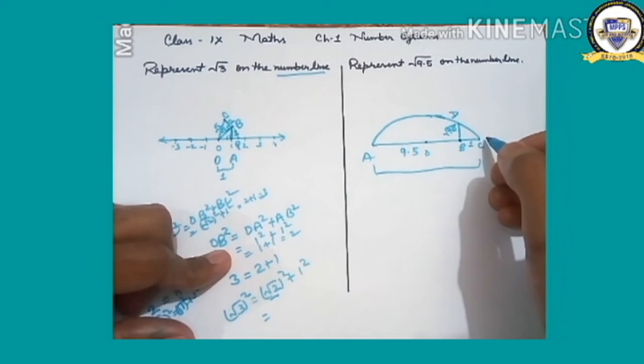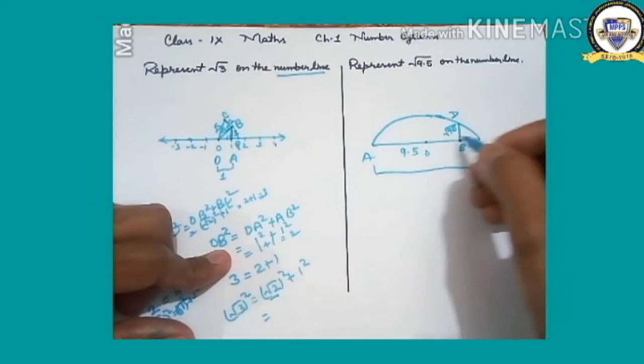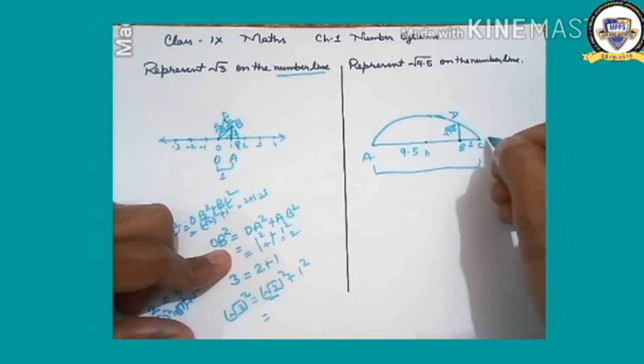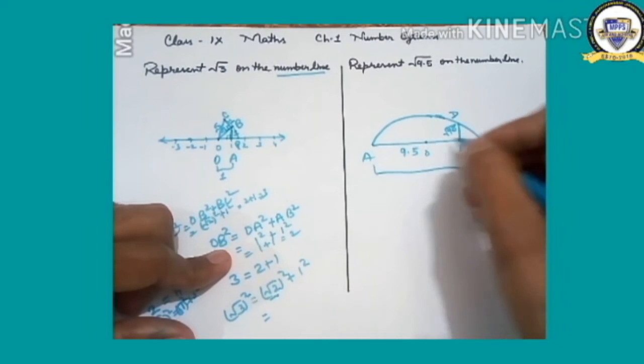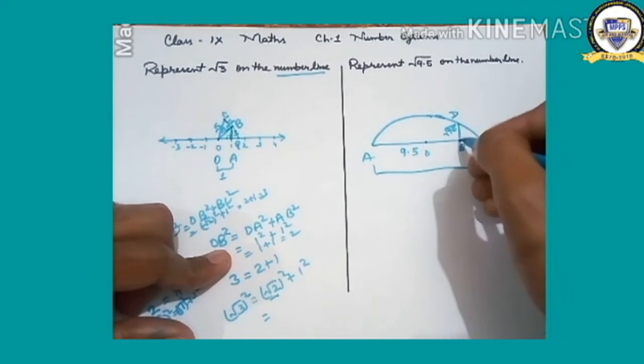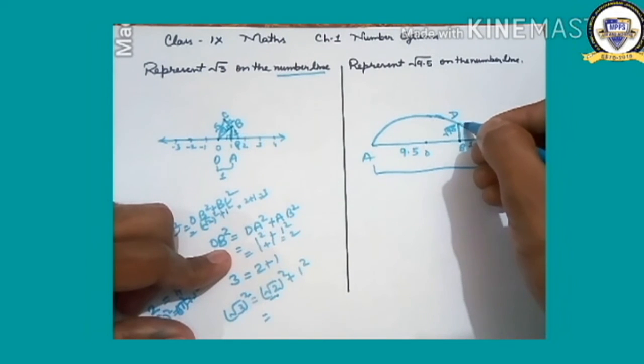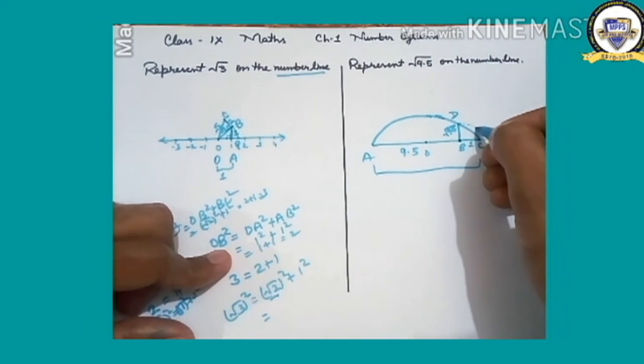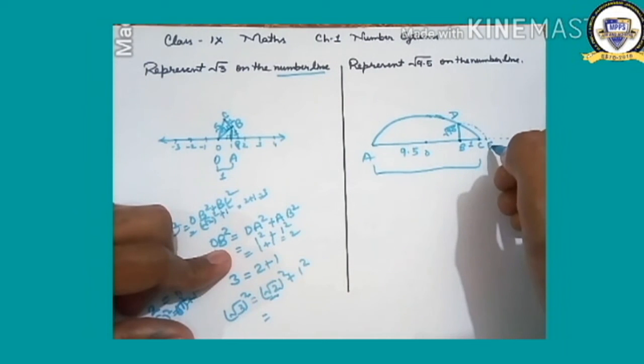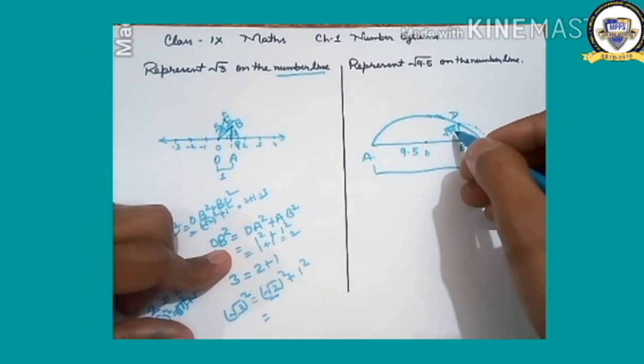Draw an arc meeting AC produced at E. That means when you produce it in the direction A to C and take B as center and radius BD, draw the arc that meets at point E, then E represents square root 9.5.